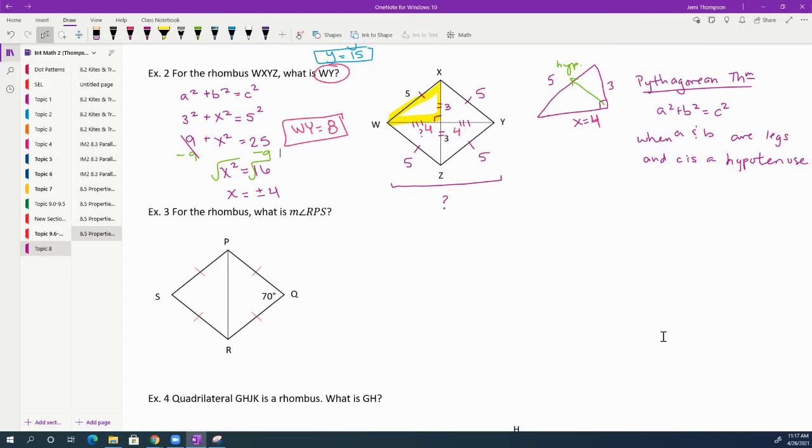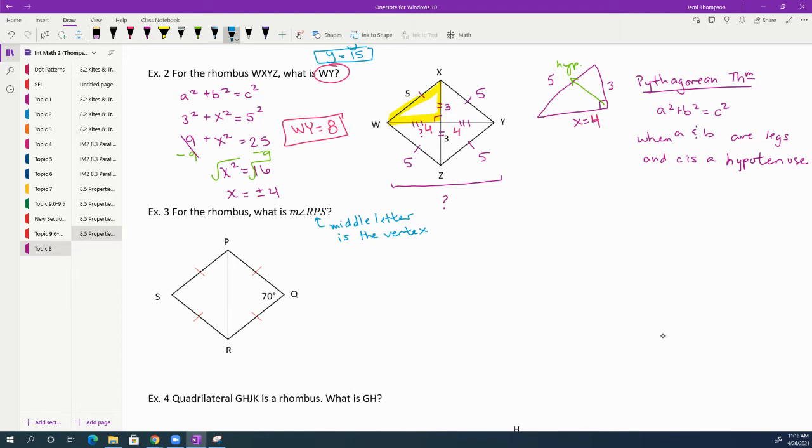Example 3. For the rhombus, what is the measurement of angle RPS? When I'm looking at 3 letters in an angle, the middle letter is the vertex.